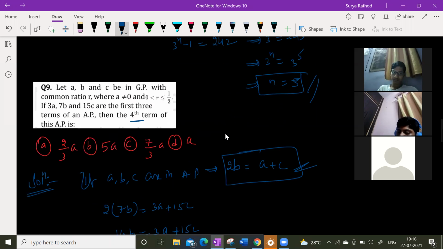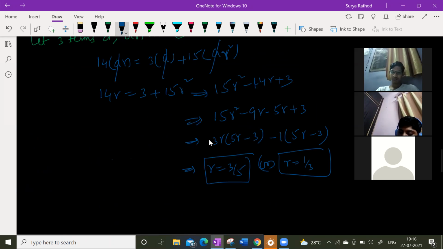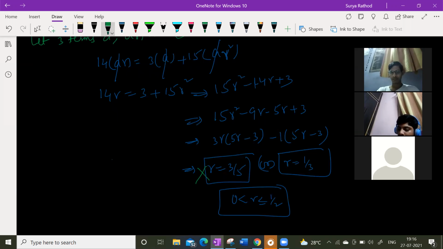He's asking for the fourth term, right? R lies between 0 and 1 by 2 as given, and A cannot be 0. So 3 by 5 is not going to be possible, because 3 by 5 is greater than 1 by 2.